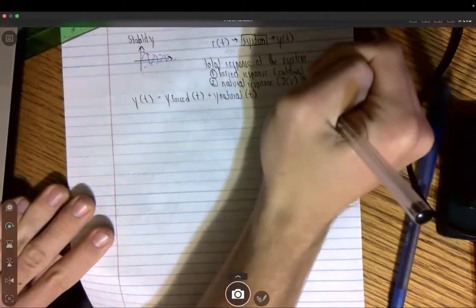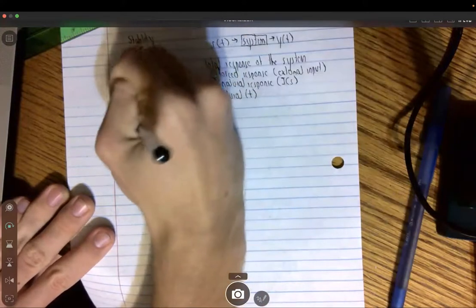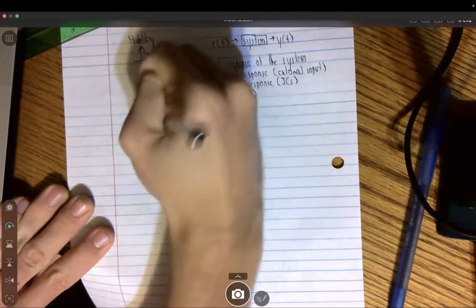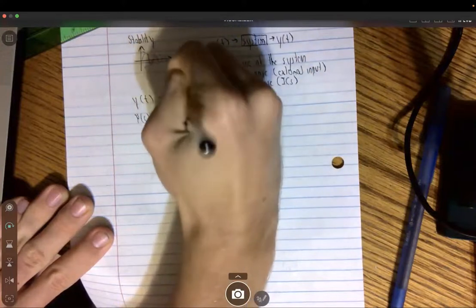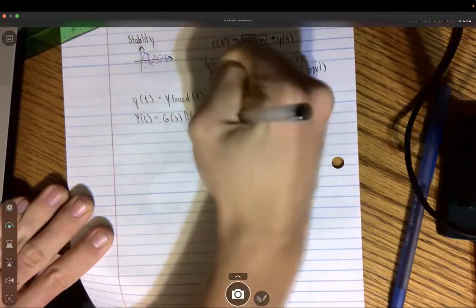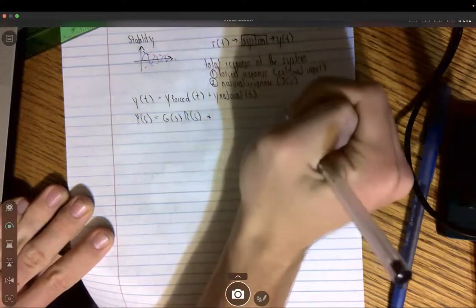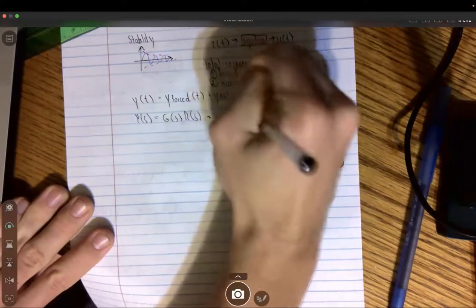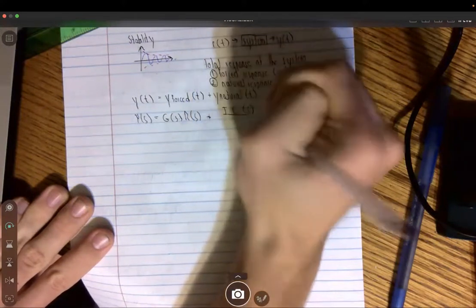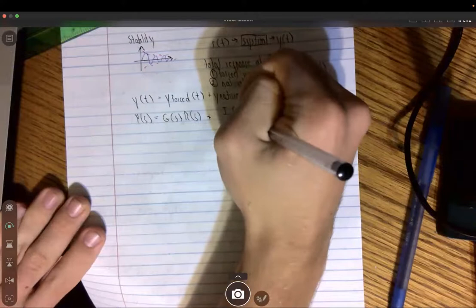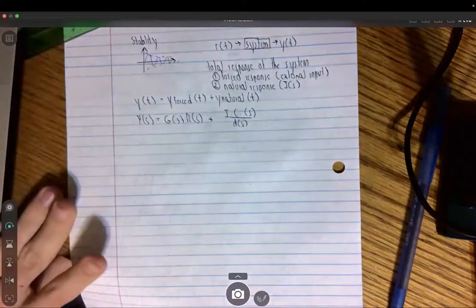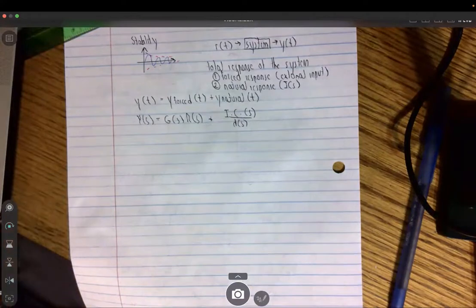So now that we see this in the frequency domain, you often represent it as the forced response being due to the transfer function multiplied by the input. And then the natural response is due to your initial conditions. Basically, you'll have some polynomial that's due to your initial conditions all over your denominator D of s. So that's just a way of knowing what we're talking about.